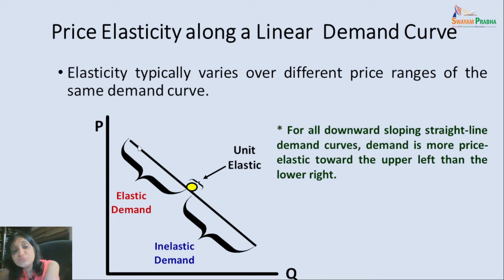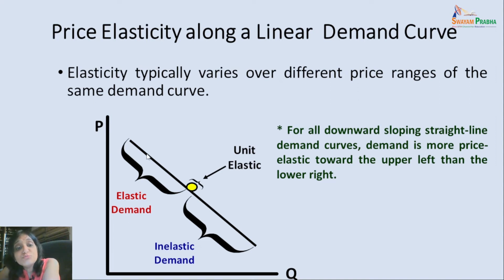So as you move down your demand curve, the value of elasticity is reducing. Why? Because an elastic demand means that the elasticity of demand is greater than 1. At the midpoint, elasticity of demand is equal to 1. At inelastic demand, it is less than 1.